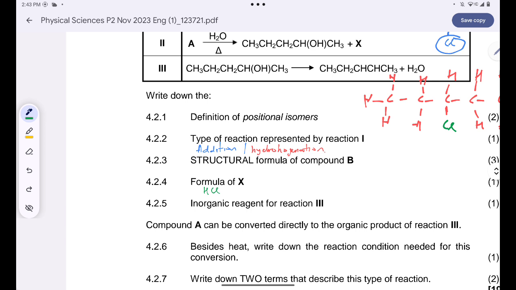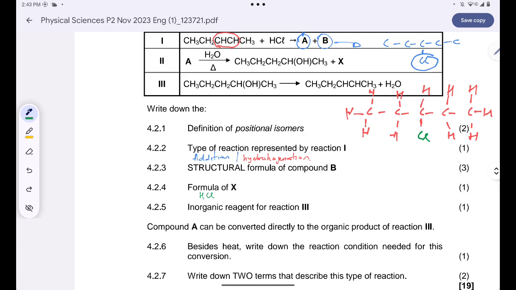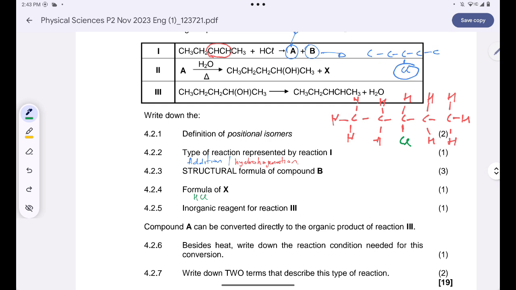Are you together? And then now they want us to write the inorganic reagent present in reaction 3. We can see that in reaction 3 we are moving from alcohol to this alkene that we had over there in reaction 1. Are you together? So what happens in reaction 3?